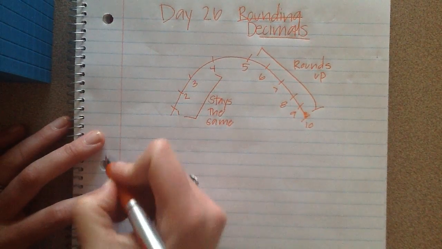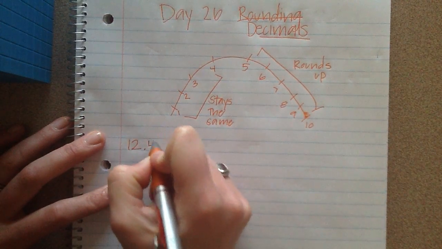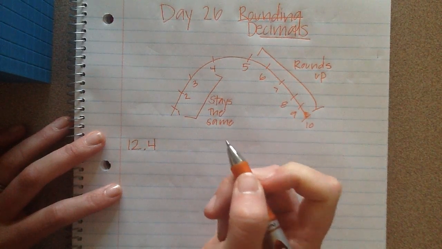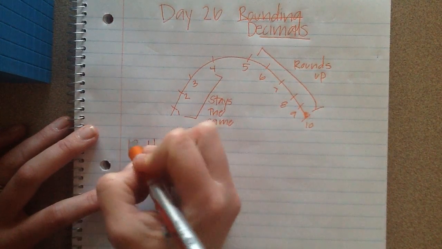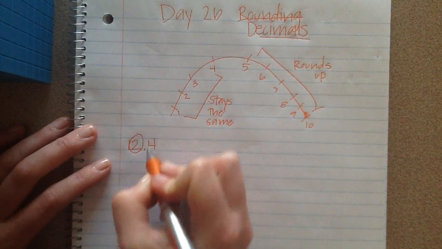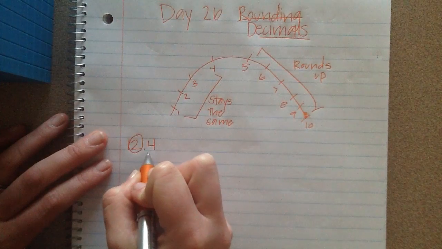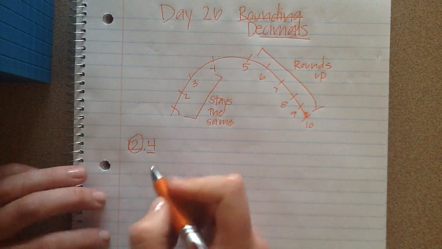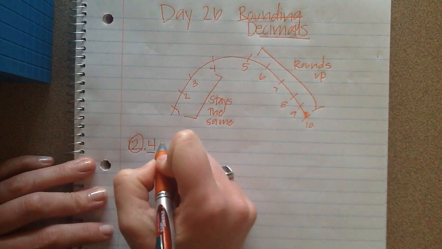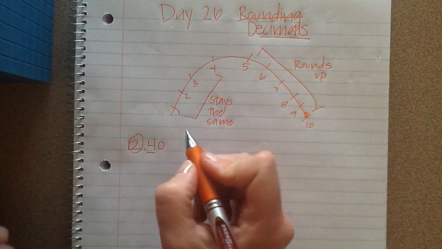So if I have here, the problem says 12.4, and it says round to the nearest whole number. I'm going to circle my whole number because I'm circling the number that I'm rounding to, and I'm going to underline my 4. So then what I'm doing is I'm going to put a 0 here because now it looks like 12.40.